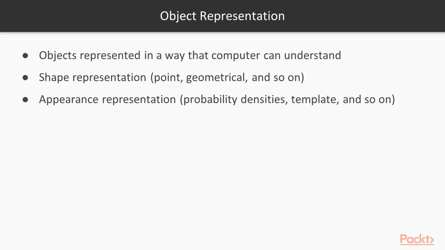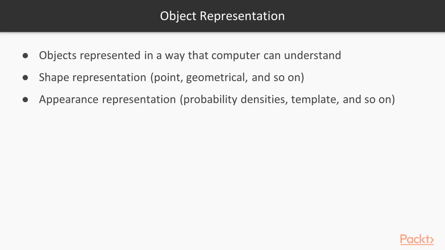Or a ball, you're going to say that the center of this ball is going to be my point of representation for this object, and you're going to use that point as a reference for everything else. It could be the centroid of that particular object, or the center. Similarly, if you want to track a car, maybe a rectangular box around the car is more suitable. That will be geometrical. Sometimes it can be an ellipse or any other geometrical shape.